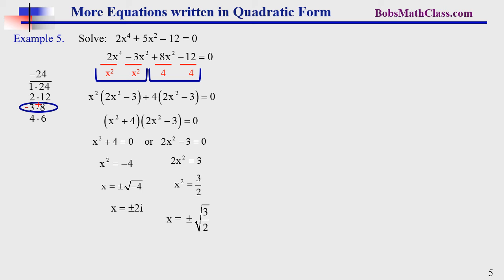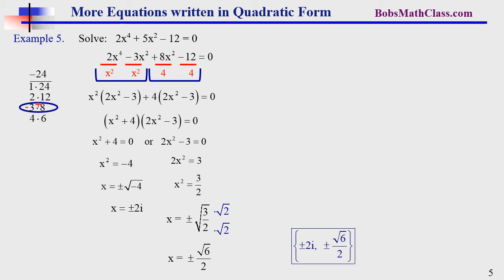We cannot leave a denominator with a radical. So you're going to multiply both top and bottom by square root of 2. Then on top, that gives you square root of 6. And on the bottom, it gives you square root of 4, which is 2.